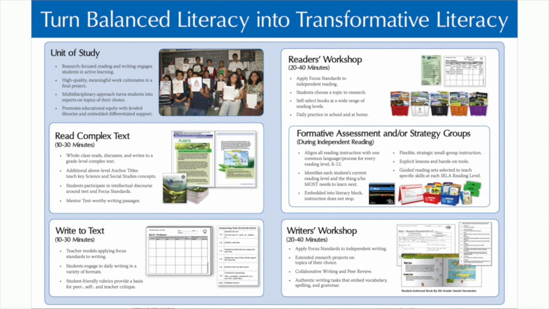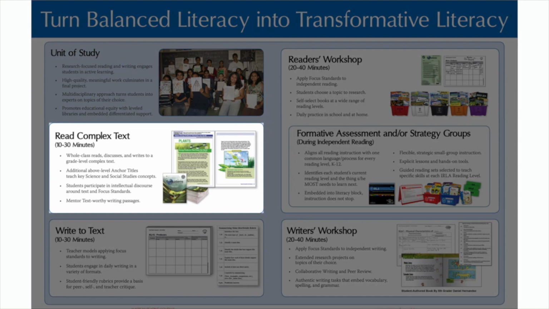First, the whole class reads, discusses, and writes to a grade level complex text. This component typically focuses on answering a research question or applying a focus standard. There's also time for students to make inferences and connections, analyze the author's choices, learn new vocabulary, and debate the author's purpose and skill.